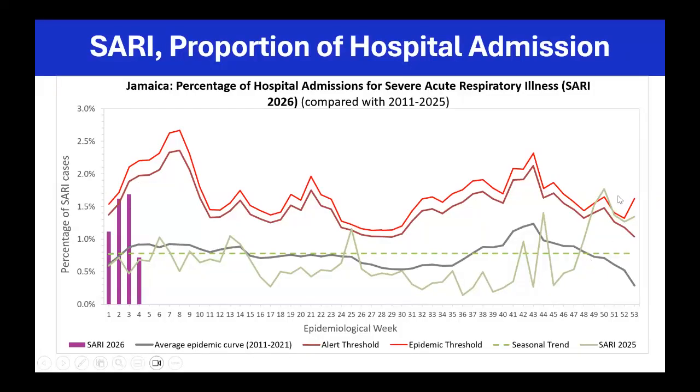So one week we went above, but you can't call an outbreak on one week above for one of the indicators. You'd have to look at the ILI, SARI, plus the percentage of positivity for influenza.